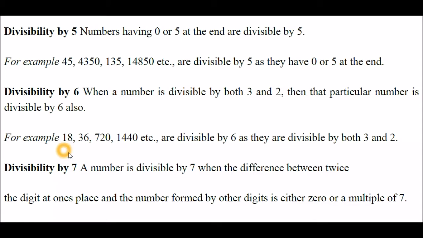So, 18 is divisible by both 3 and 2. 36, this number is also divisible by 3 and 2. 720 is also divisible by 3 and 2. 1440 is also divisible by both 3 and 2. So any number which is divisible by both 3 and 2 is automatically divisible by 6. So all the given numbers are divisible by 6 as they are divisible by both 3 and 2.